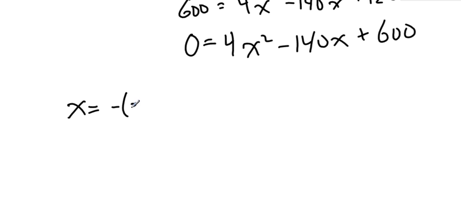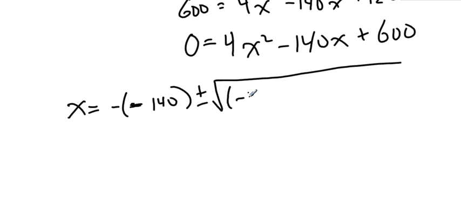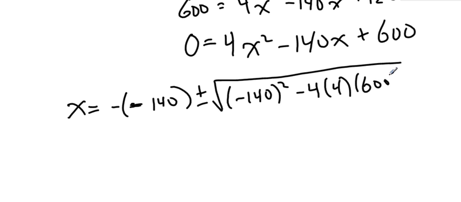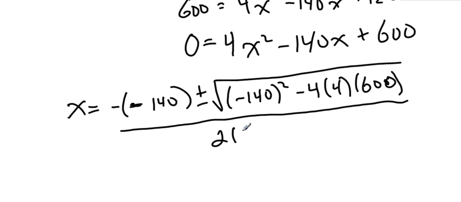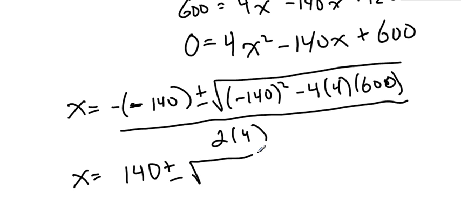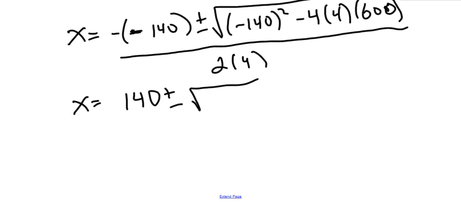So negative b, so negative 140, plus or minus the square root of negative 140 squared minus 4 times a times c, all over 2a. Negative and negative makes a positive, so that's positive 140 plus or minus the root of the discriminant, and we'll get to that in a second. On the bottom, I'm going to be dividing by 8.